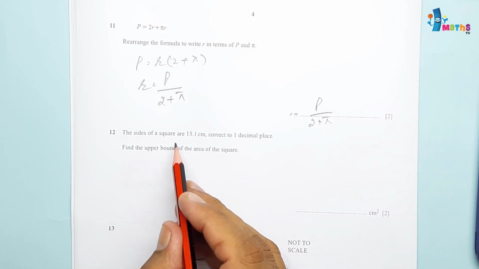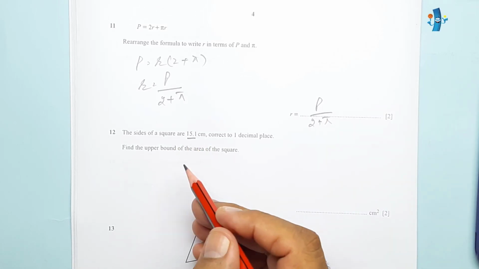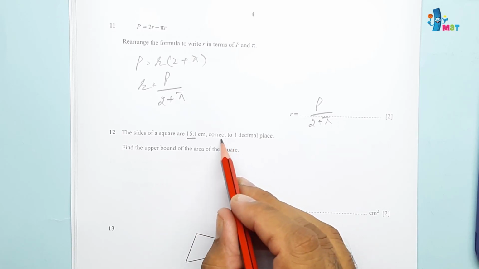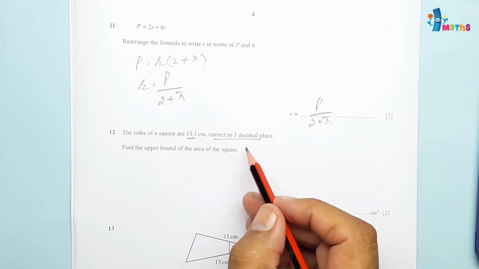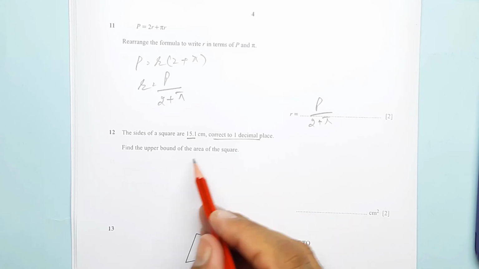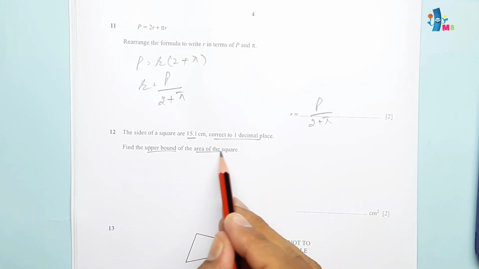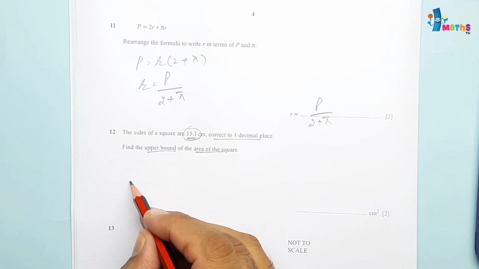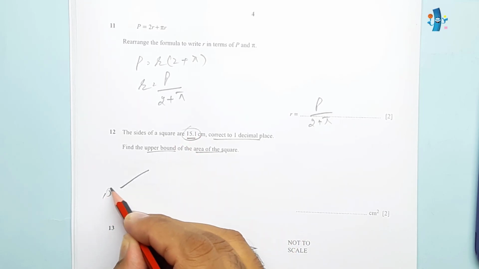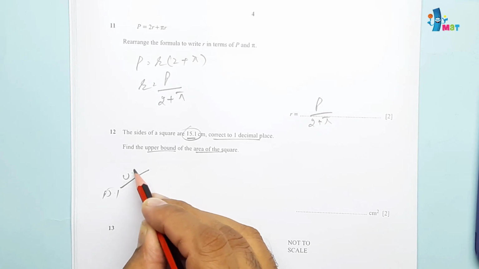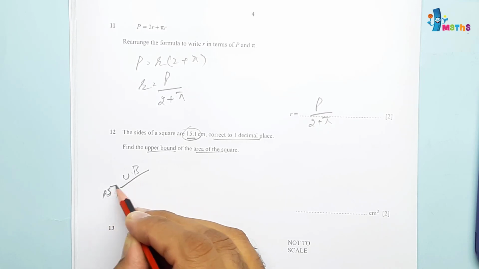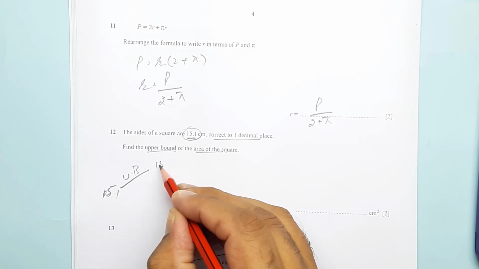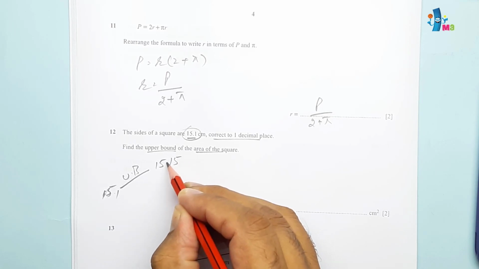Question number 12. The sides of a square are 15.1 correct to one decimal place. So this is an upper bound, lower bound question. Find the upper bound of the area. So we require the upper bound of this one, which will be the upper bound of 15.1. Upper bound of 15.1 will be what? 15.15.